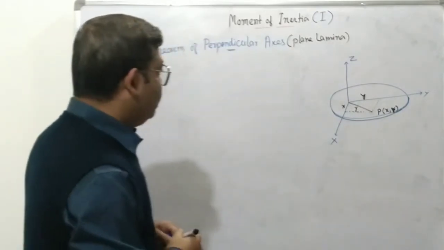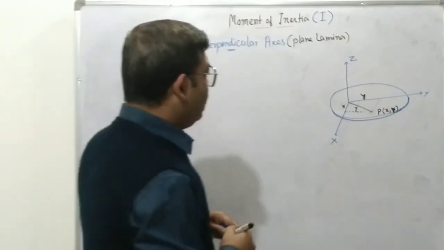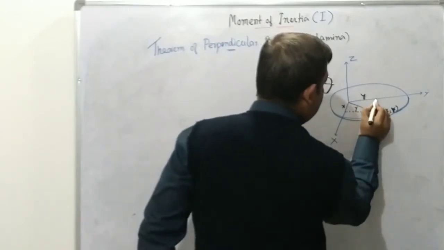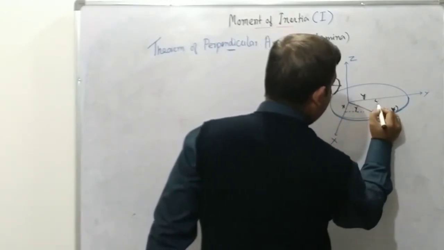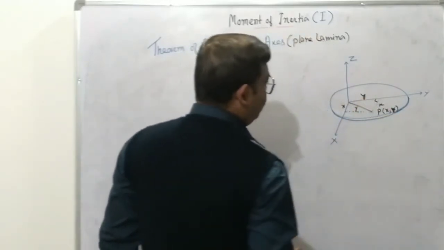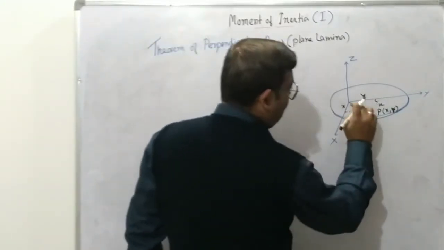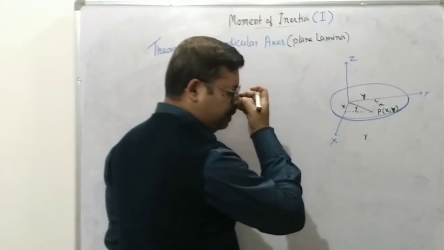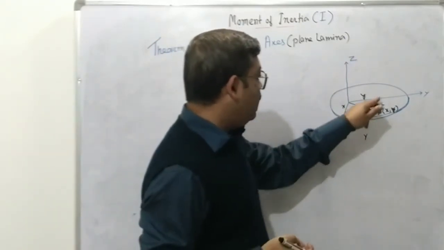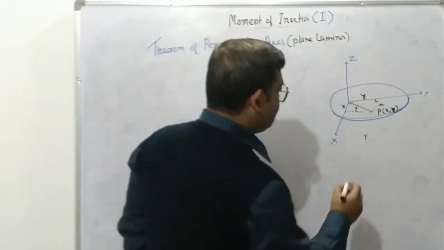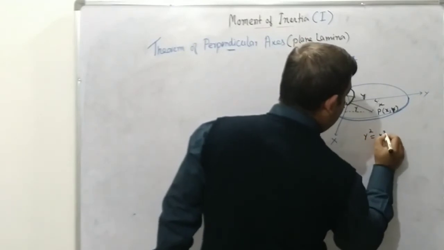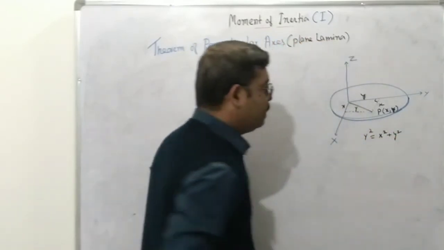Since this is 90 degrees and this has to be equal, this will be x. So from the geometry, r being the hypotenuse of a right angle triangle, r squared must be equal to x squared plus y squared.